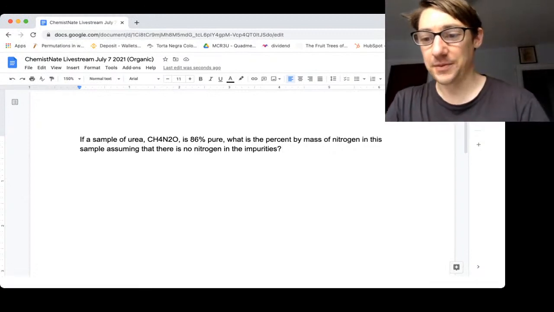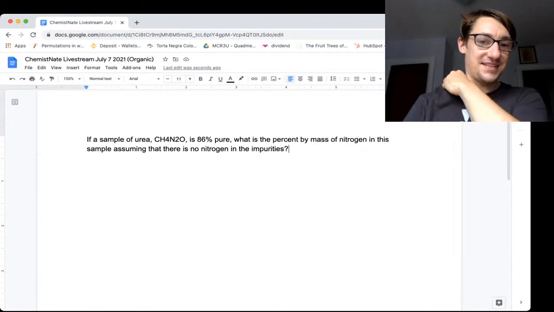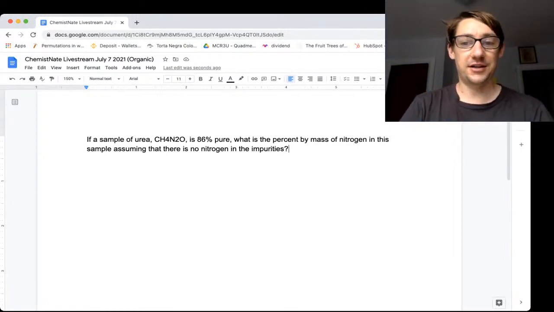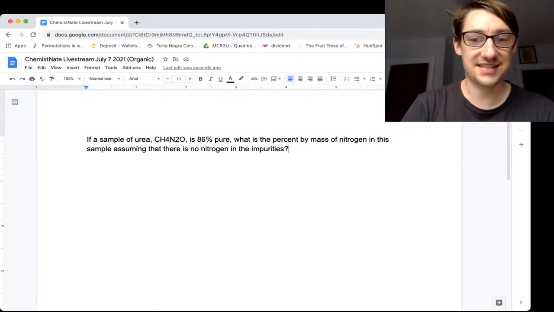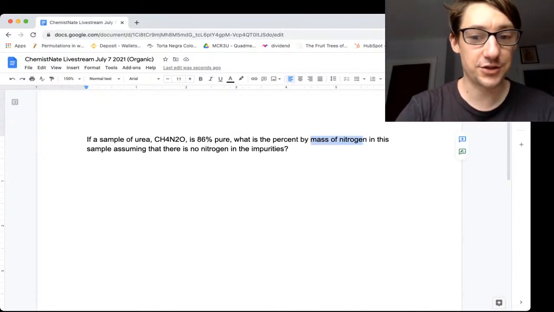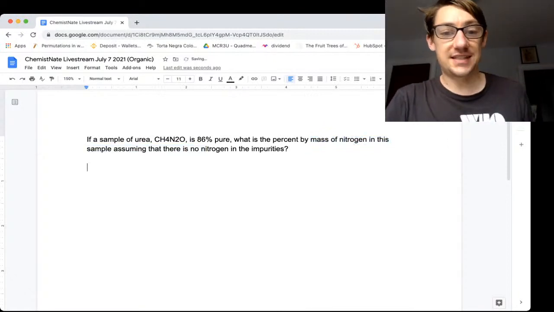But hey, whatever. Okay, we got a sample of urea, CH4N2O, and it's 86% pure. We want to know how much of that sample is nitrogen, given that there is no nitrogen in the impurities. Okay, so here's the idea.